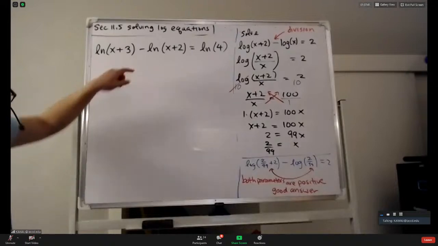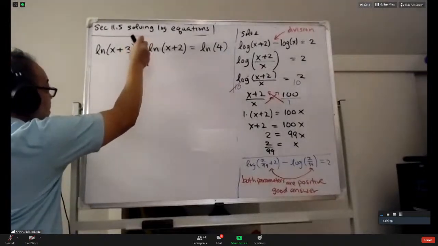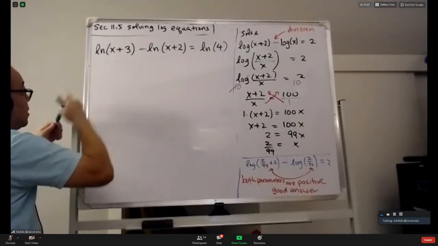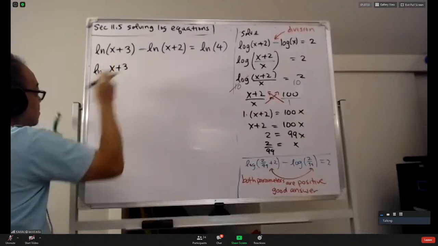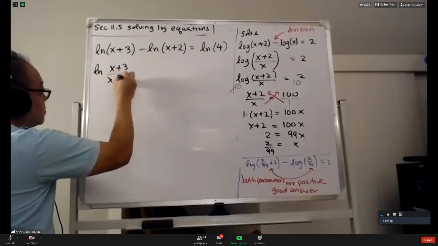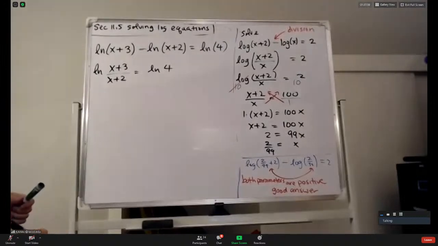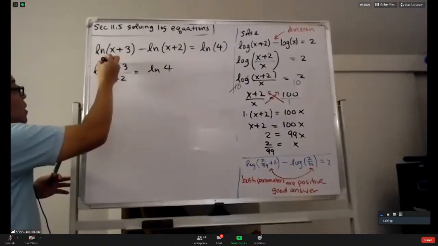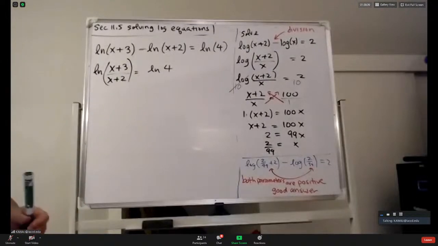Remember that because this is a minus, this will turn into a division. Okay. Now do e to both sides.